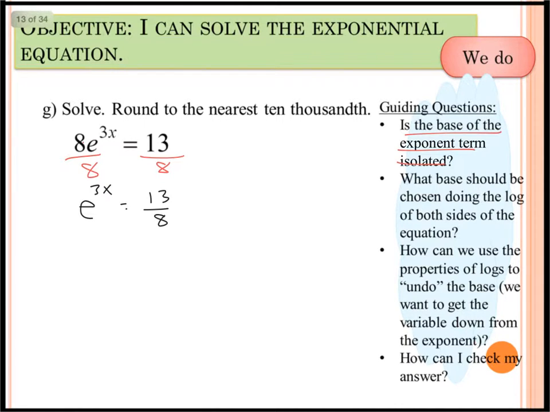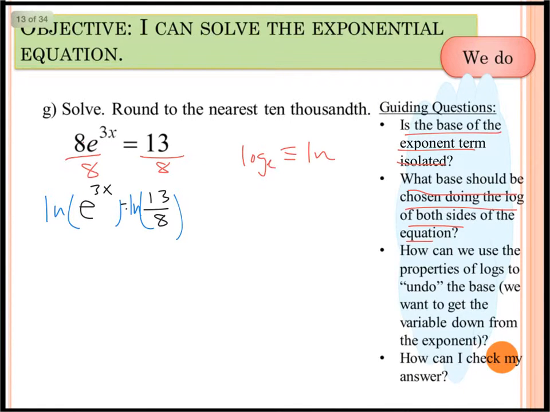So now we need to select a log base that we want to use. That always just comes from looking at the base that we already have. So I want to use log base e, which is actually just the natural log, so we can write that as ln. So I'm going to take the natural log of both sides of our equation.